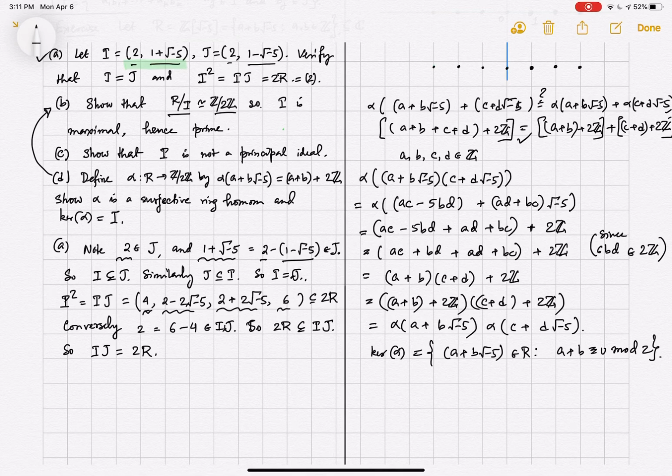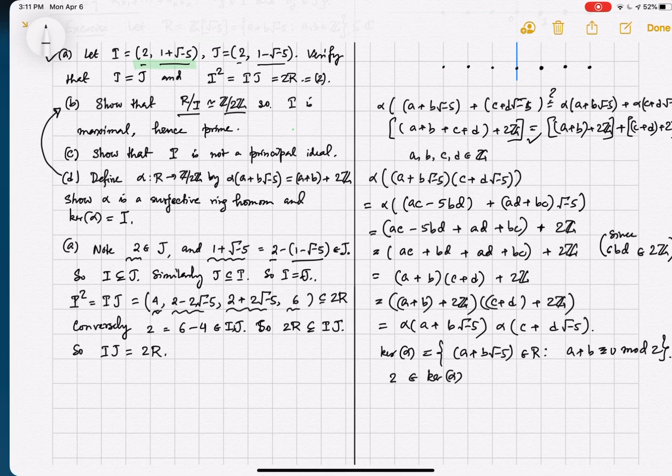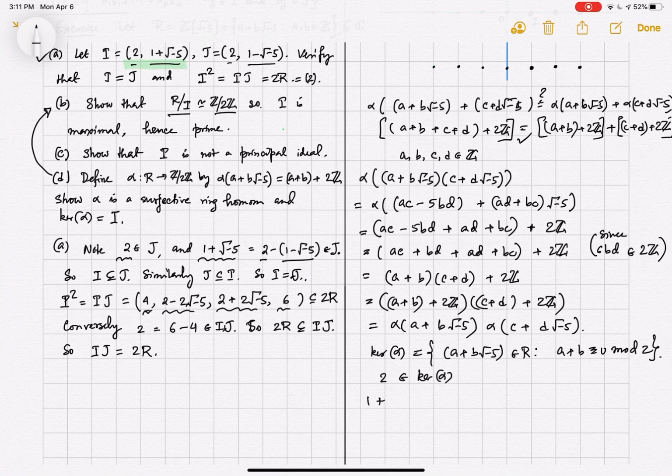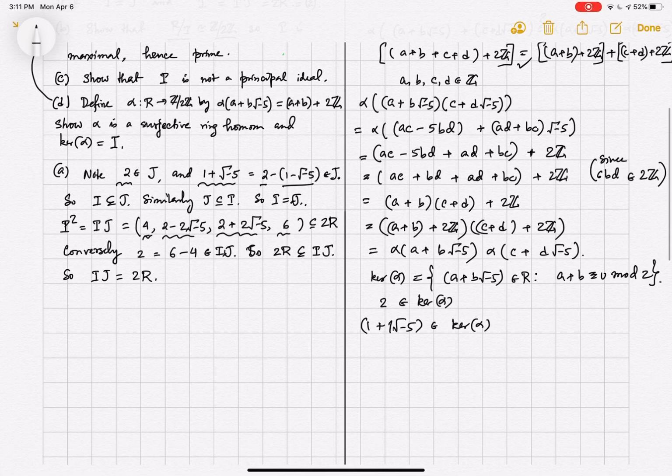And you check, certainly 2 is in the kernel of alpha, right? Because it's 2 plus 0 times square root of minus 5, and 2 plus 0 is 2. And then also 1 plus square root of minus 5 is in the kernel of alpha, because this is 1 plus 1 times that, and 1 plus 1 is 2.